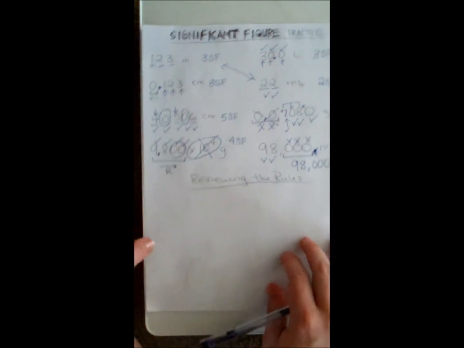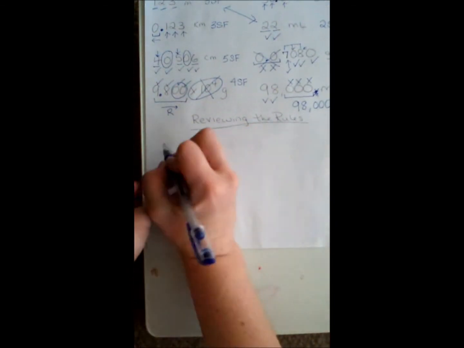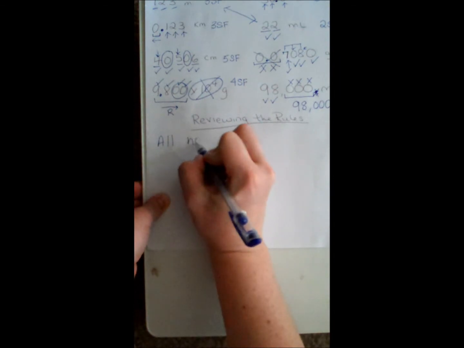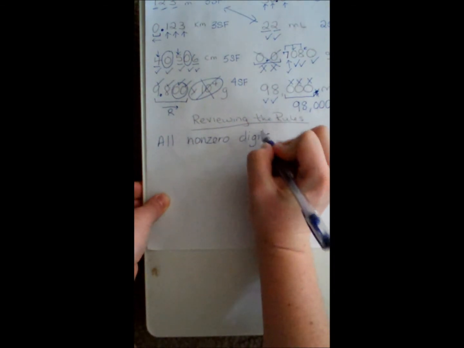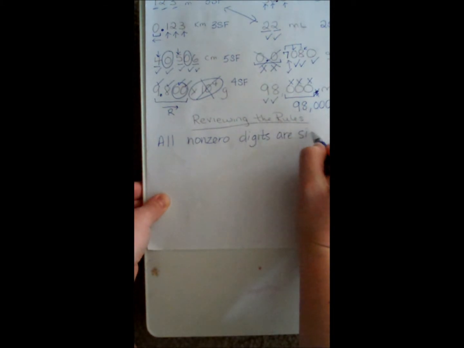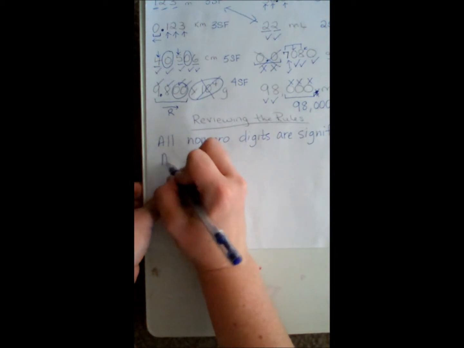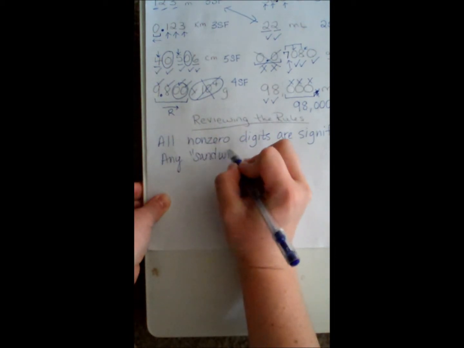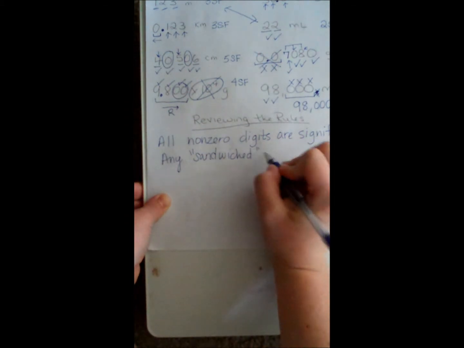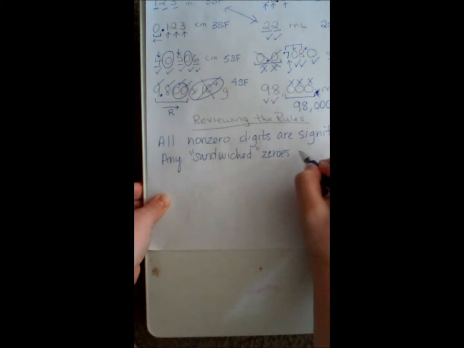Now let's review the rules quickly. All non-zero digits are significant. Any sandwiched zeros are significant.